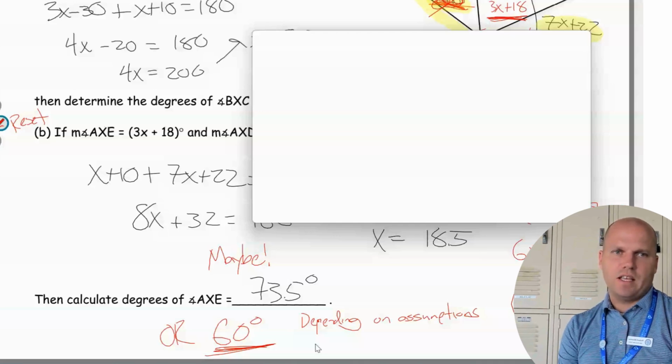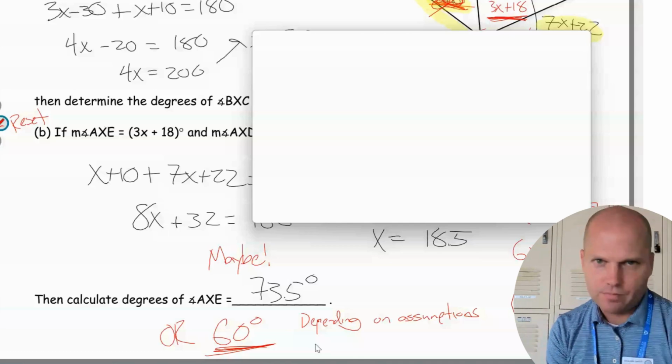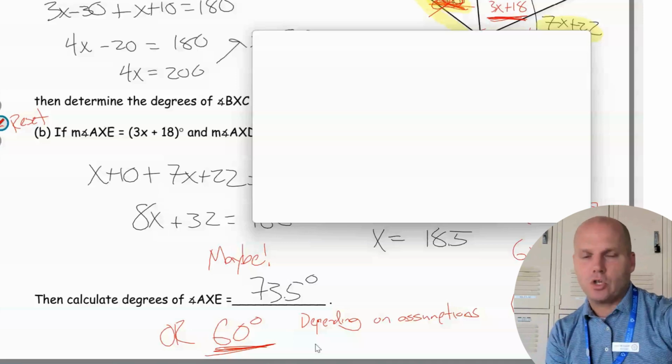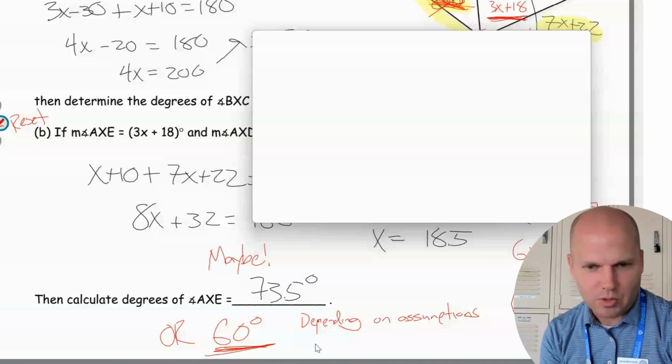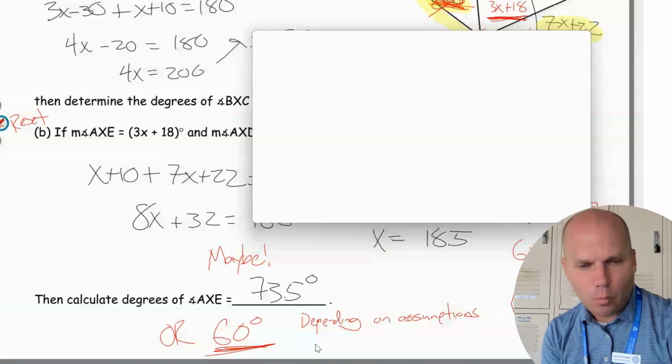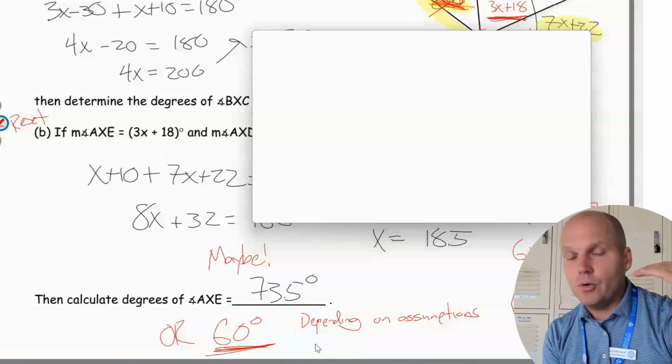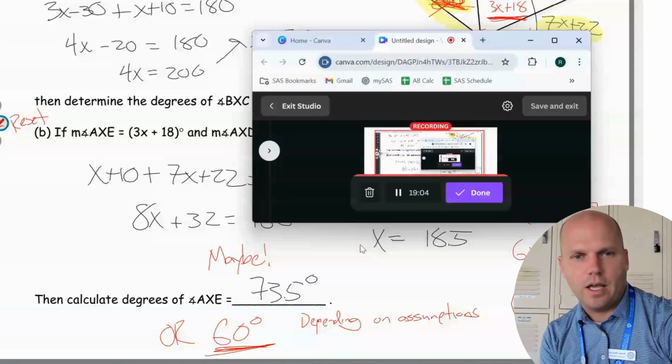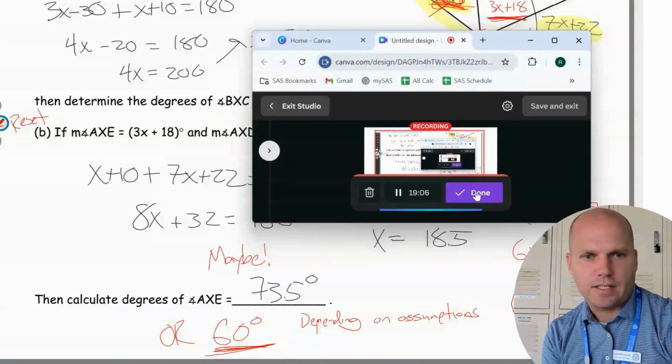I should have made this work out so that you could do it two different ways and get the same answer. I did not do that. Good math teachers do that, but I'm still working. Anyways, hope we are okay with solving these questions and setting up and knocking them down. I'll see you guys out there. Peace.